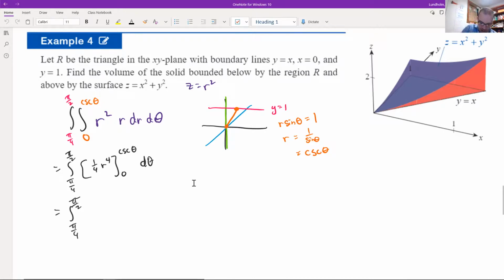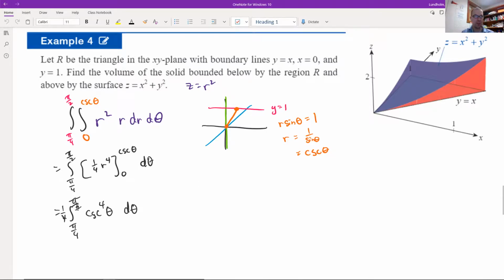Yep, so we're plugging that in. Why don't we just bring the 1/4 out front? And so we'd have cosecant to the 4th power, and that would just be minus 0 to the 4th power. So I'm just going to write the d theta.